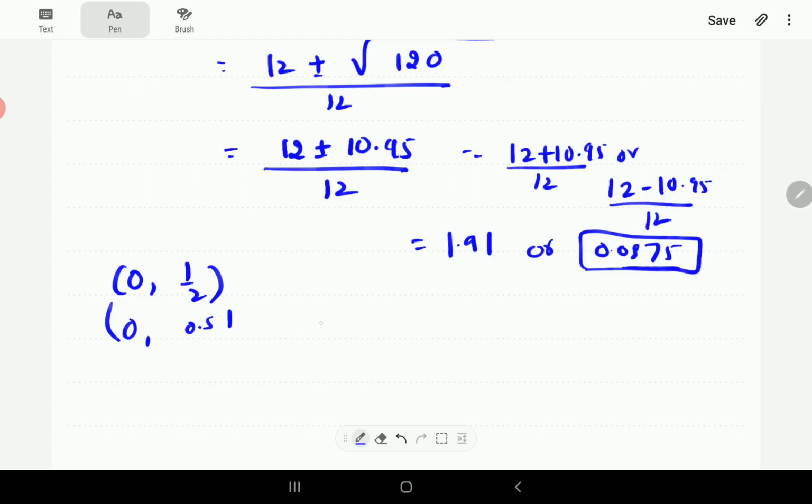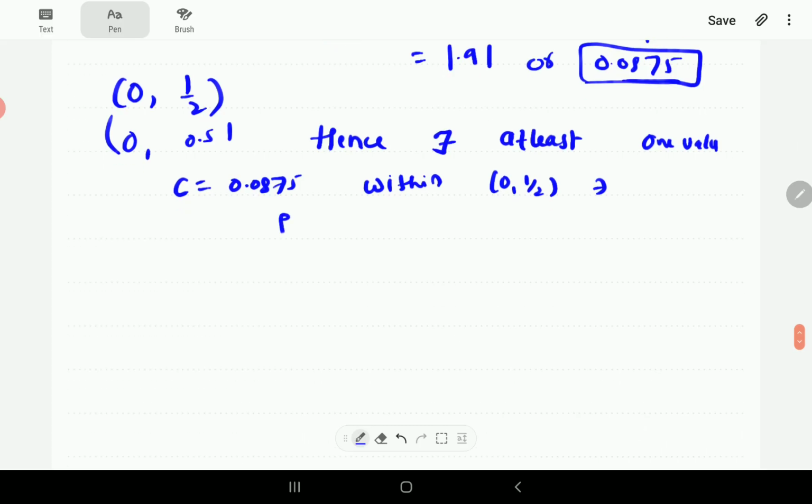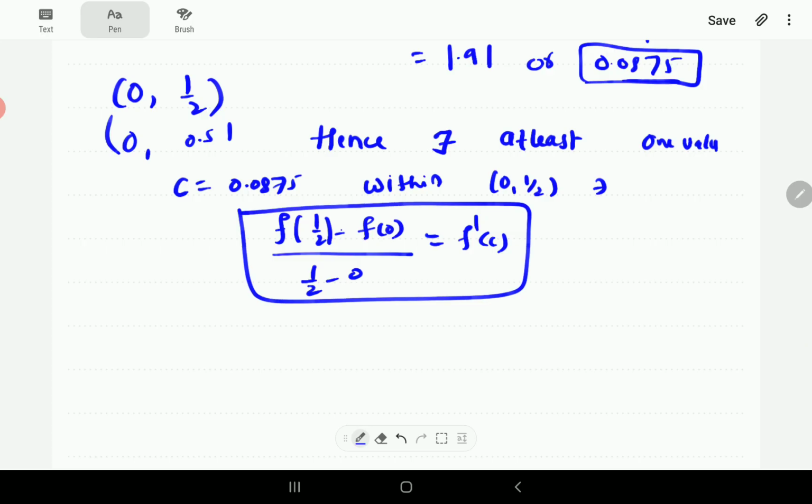Hence we can conclude there exists at least one value C, which is equal to 0.0875, within the open interval 0 and half, such that f of half minus f of 0 upon half minus 0 is equal to f dash of c. This is the condition. Okay, so this means the verification of the mean value theorem.